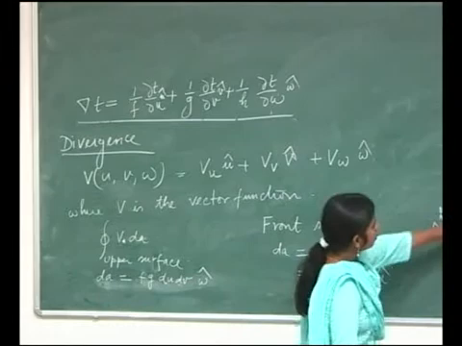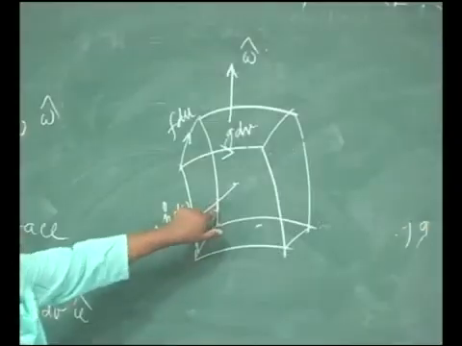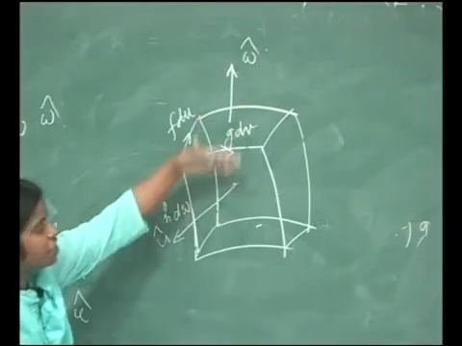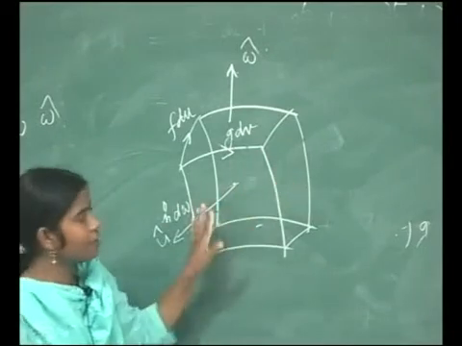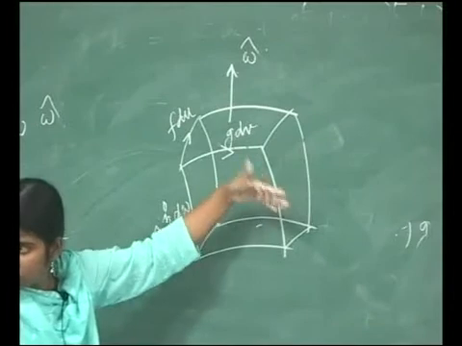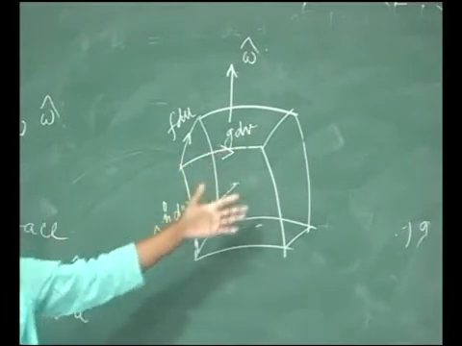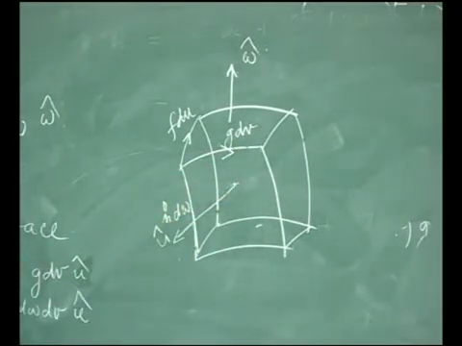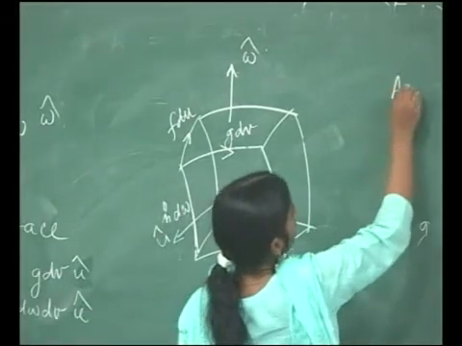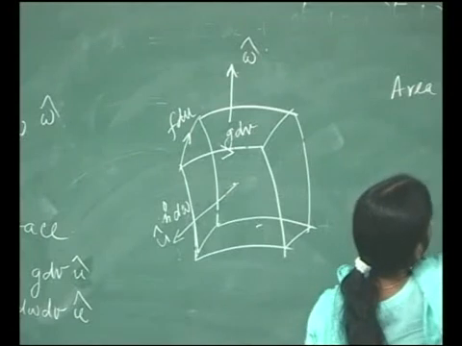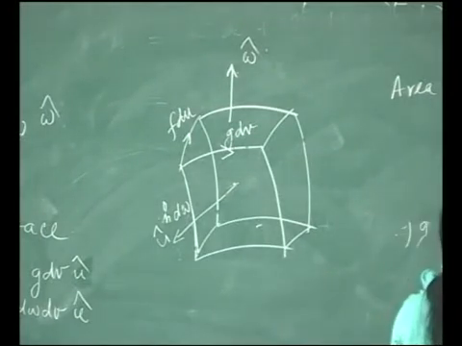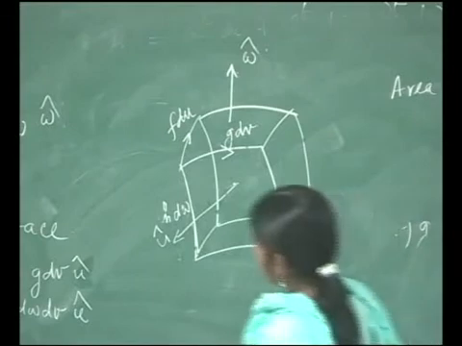What would be the area of the back surface? The back surface area is behind this, and this is the front surface.